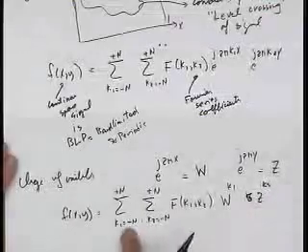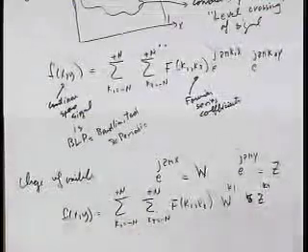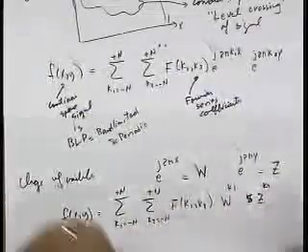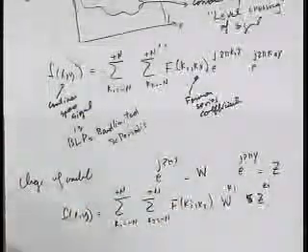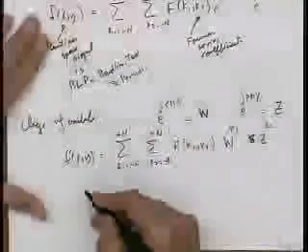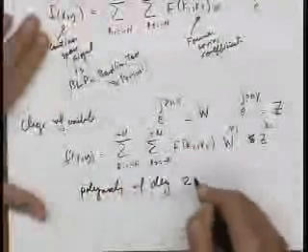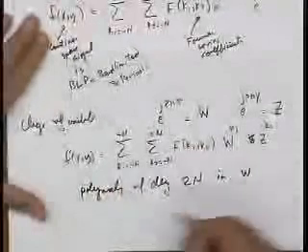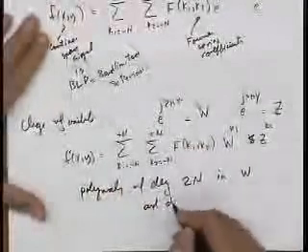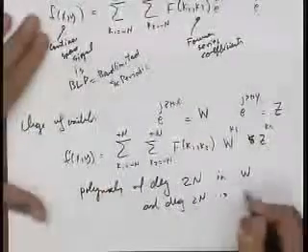The fact that these indices go from minus n to plus n is a minor detail. We can just multiply by a factor and shift them and make it go from 0 to 2n. But this is really a polynomial of degree 2n in w and degree 2n in z.